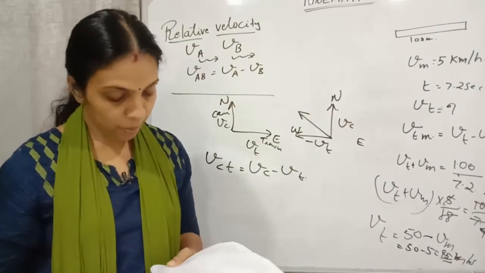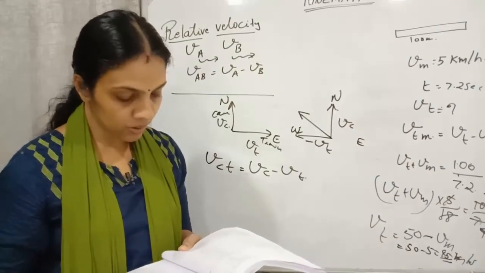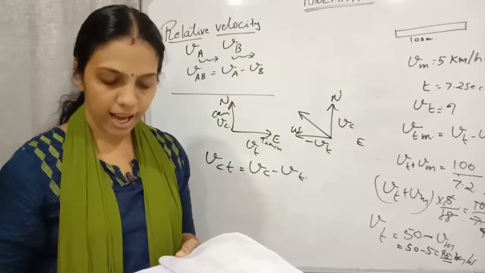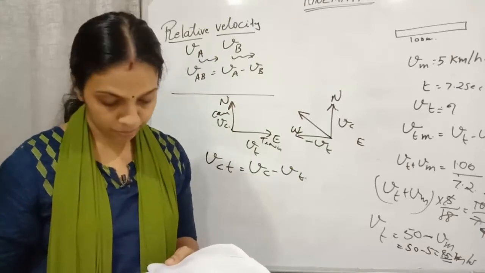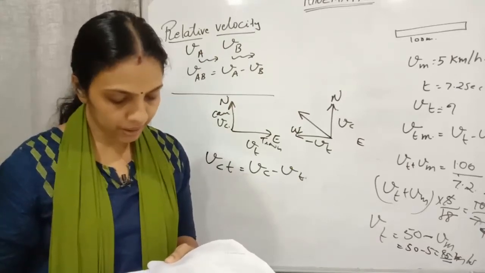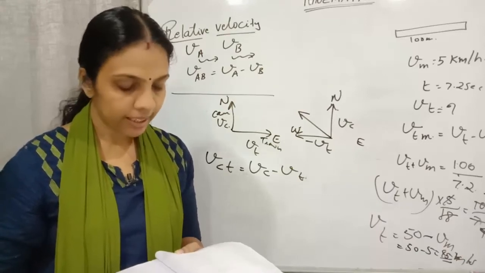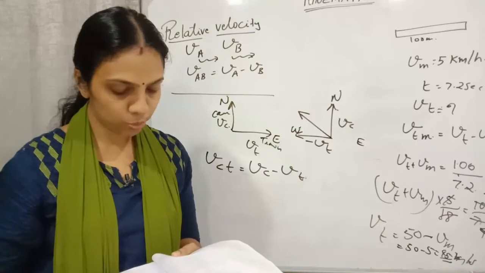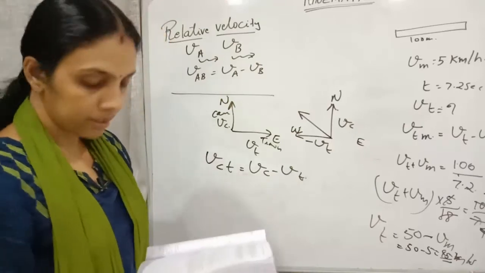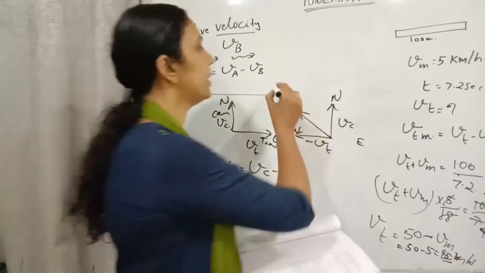Next question. A particle A moves due north at 3 km per hour, and another particle B moves due west at 4 km per hour. What is the relative velocity of A with respect to B? Okay, I'll do it over here.